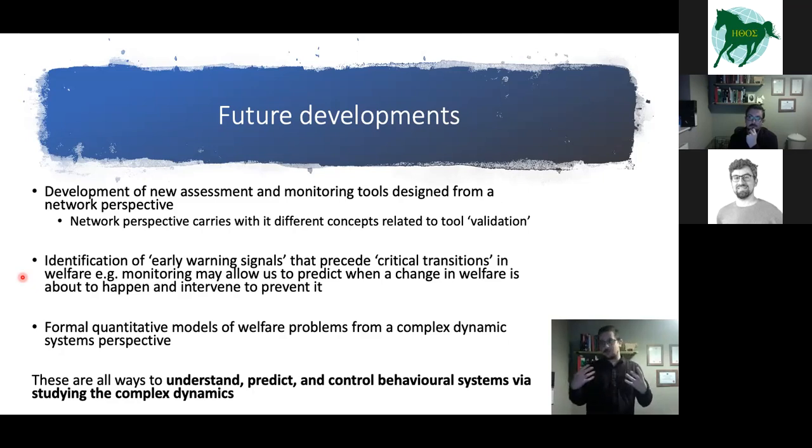As an example, if we had automatic monitoring of dogs or cats in shelters, and it turned out that these early warning signals appeared before we see sudden shifts in compromises in lots of animal welfare measures, then we could potentially get information and prevent these compromises from happening before they do. We're quite a way off that.